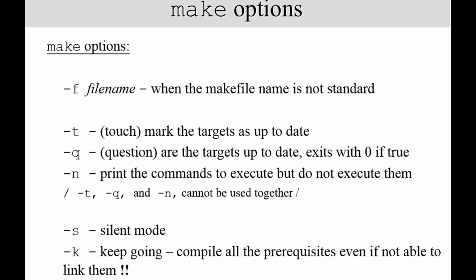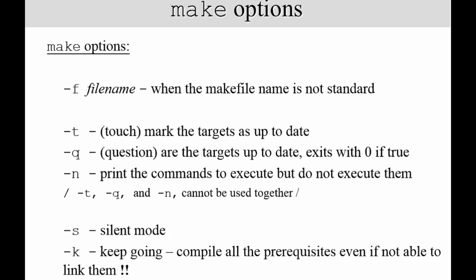Now let's look at some of the make options. -f specifies the file name, if the makefile itself is not named just makefile. So if you specify just makefile, then you don't need to specify -f, otherwise you need to specify -f. And then -t is essentially using the command called touch to mark the targets as up to date.